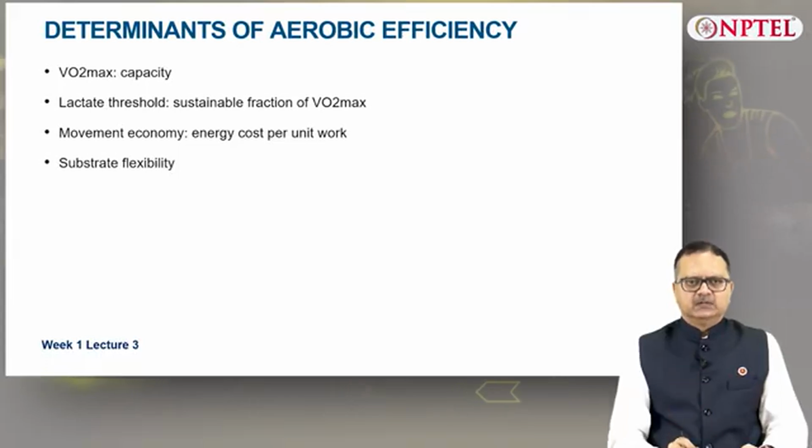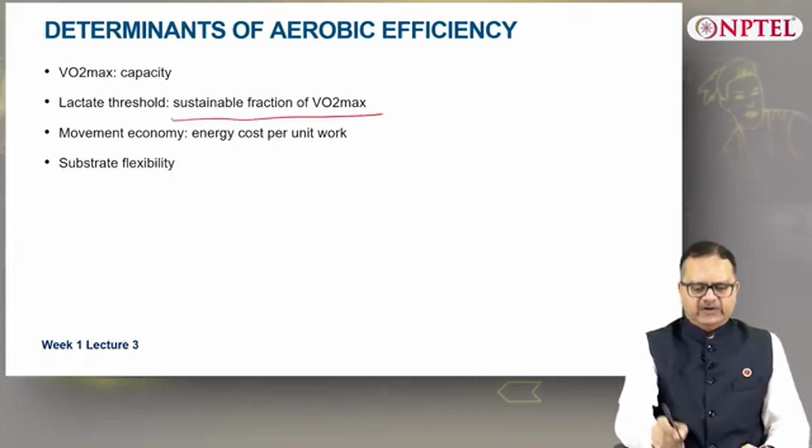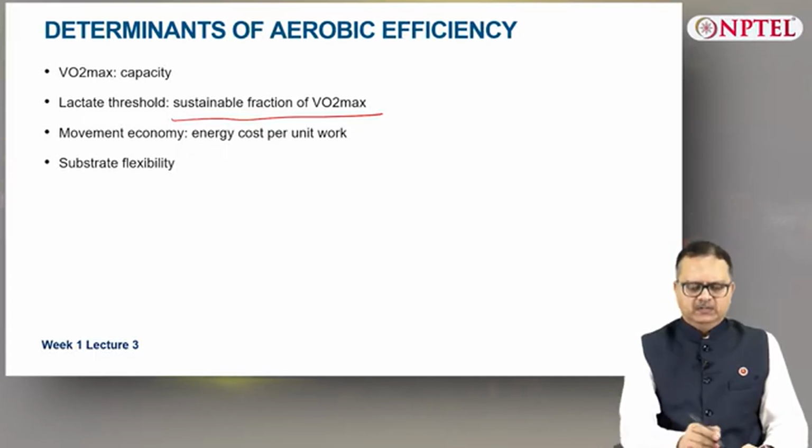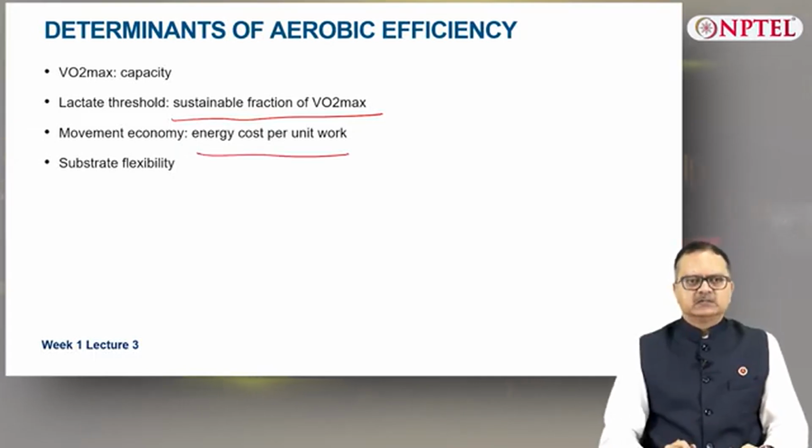Now, lactate threshold, we are measuring it as a fraction of the VO2 max. I'll explain better in a later slide. We also determine aerobic efficiency by something called movement economy or the energy cost per unit. And we are looking at something called substrate flexibility.